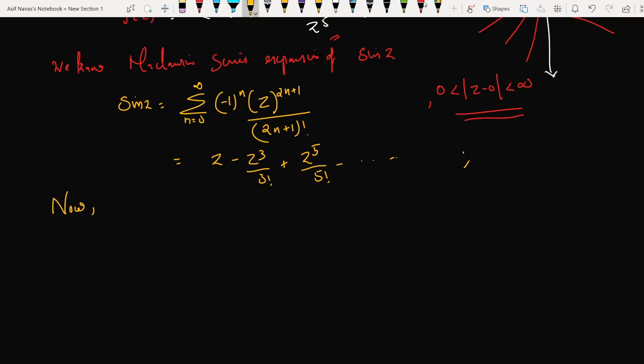Now f of z is equal to 1 by z raised to 5 sin z.